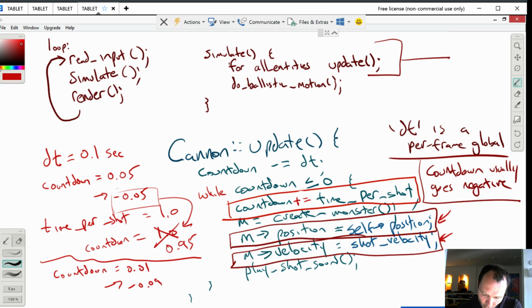This is also dropping time on the floor down here because you're creating the monster at your position, right? And you're setting its velocity. Really, you need to sim the monster for minus countdown, right? Because the monster's been created, but if you don't let him walk forward, then you're going to see inconsistent spacing as these guys march out of the spawning point.